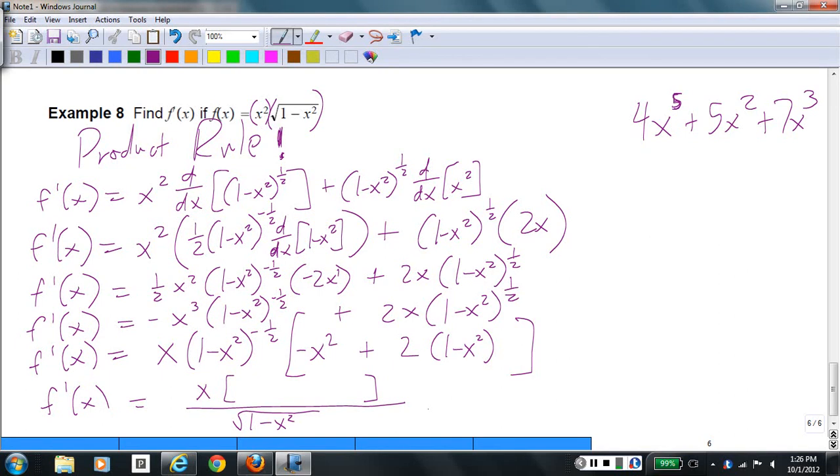Why in the denominator? Negative 1/2 is the exponent. So I shove it down to the denominator, make it positive 1/2, replace the exponent of positive 1/2 with a radical. And then if I can just combine like terms, negative x squared minus 2x squared, you see a negative 3x squared there? And then plus 2.